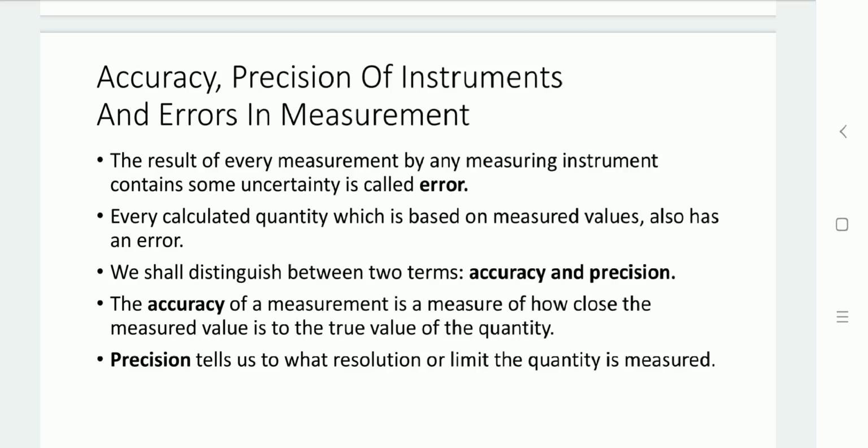And if we keep its resolution up to 2 digits after the decimal point, that is, up to 0.01 centimeter, then the measured value we can get is, for example, 3.38 centimeter.